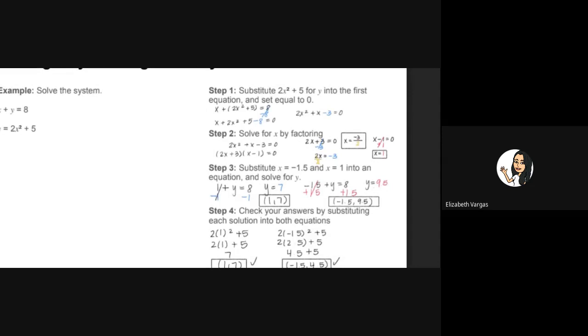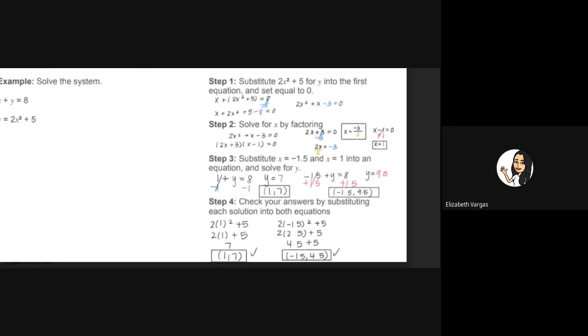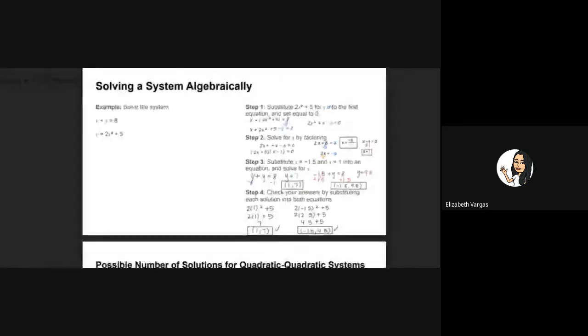You want to substitute 2x plus 5 for y into the first equation and set it equal to 0. And so basically you're just factoring. When you factor, then you're going to plug it in, and then you'll get those two intersection points. So that's if you wanted to do it algebraically. But if you did want to do it graphically, you can also do it that way.